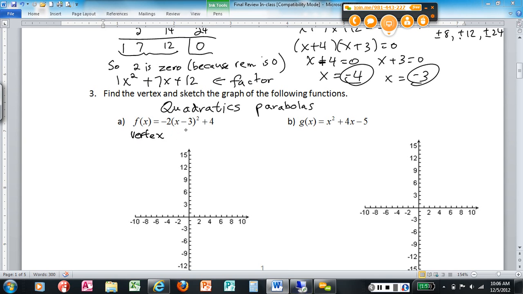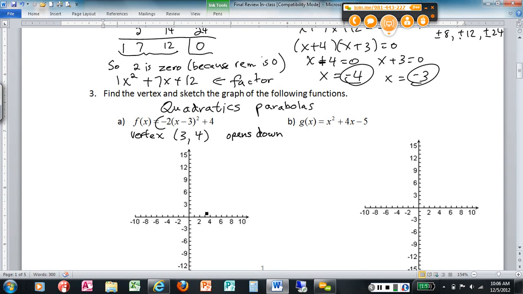Well, remember it's H, K, and so in this case this is the H, 3, and that's the K, 4, and remember the H is the opposite sign of what you had there, so that's why I went with positive 3. So I've got a vertex of 3, 4, and then I also know from just that equation there, this opens which way? Opens down. And that's because the A is negative 2, so it's going to open down.